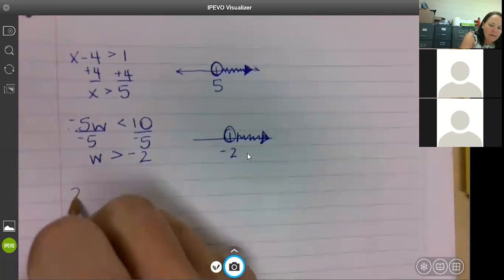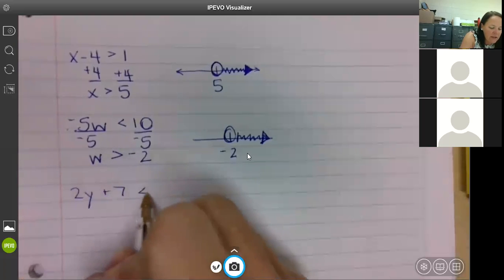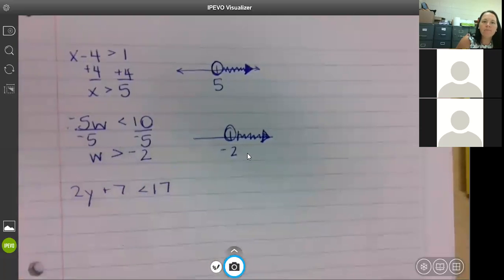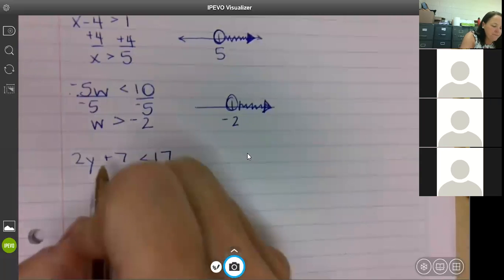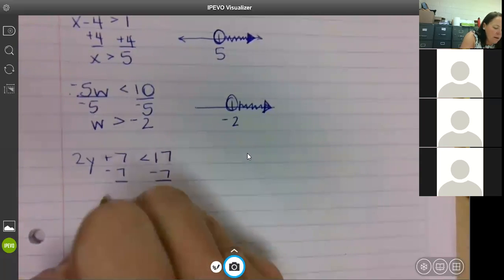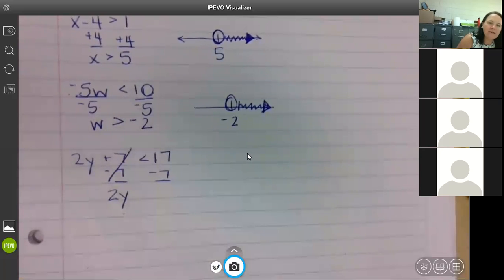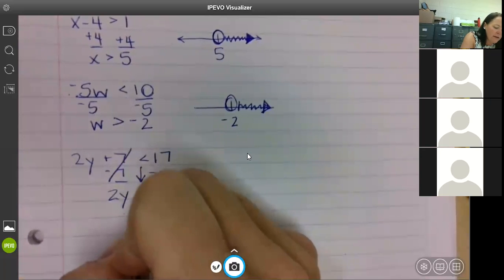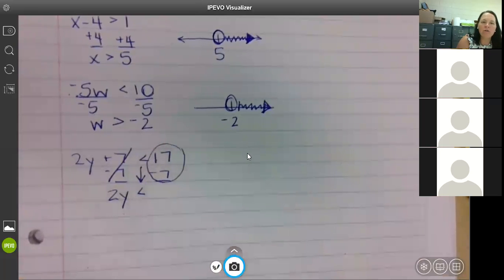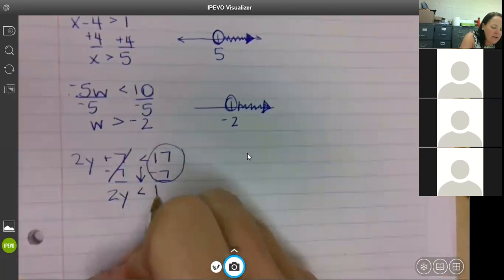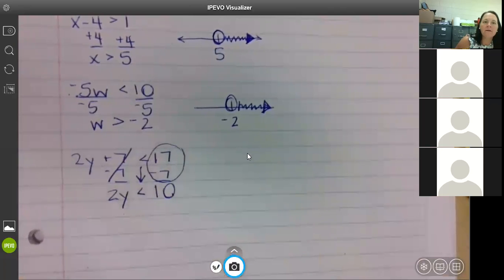Here's a 2-step. 2y plus 7 is less than 17. How do I solve this one? Subtract 7. I get 2y, your 7's cancel out, bring down your inequality. Remember, these are the parts that you guys are messing up on, so take your time when you do those. 17 minus 7 is positive 10.